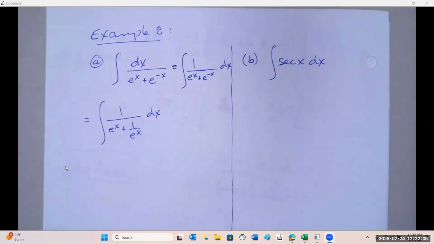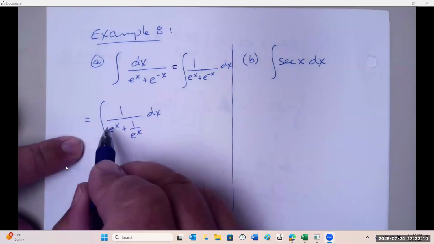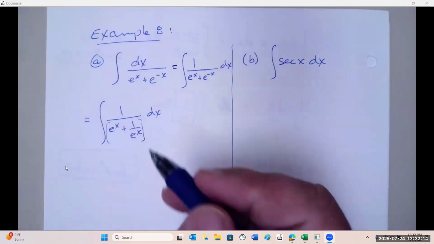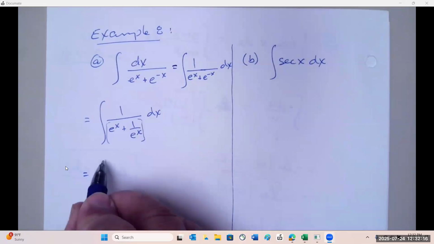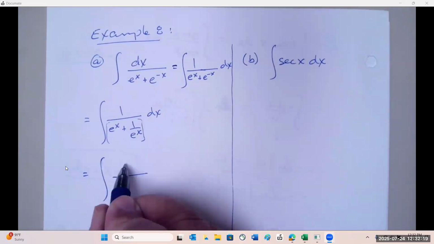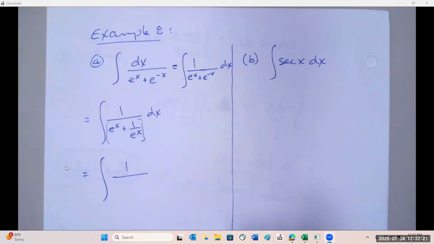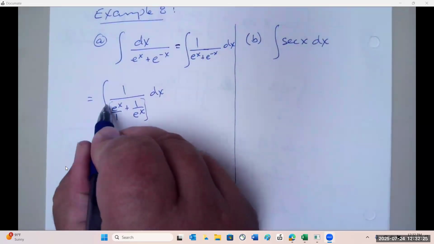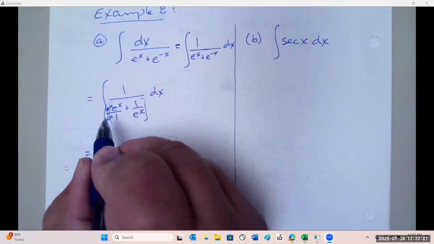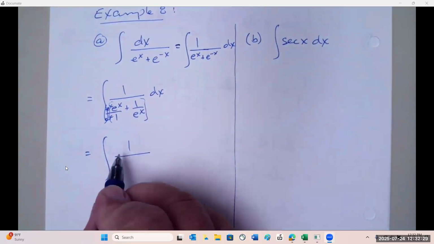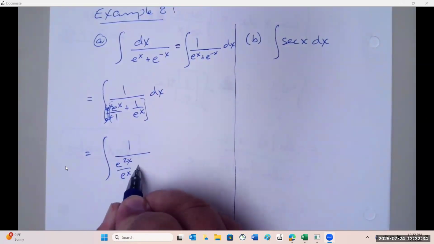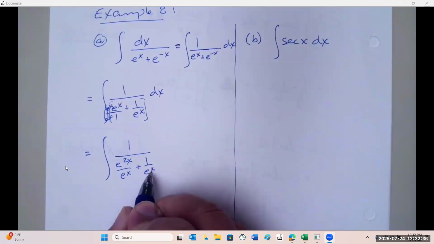So what do you get? So get a common denominator down here. What do we do? Yeah, the first one is over 1, so it needs e to the x over e to the x. So we have e to the 2x over e to the x plus 1 over e to the x.